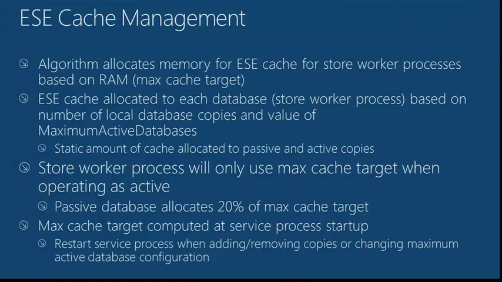We do the cache computation at service startup time, so if the topology of the mailbox server changes so that you've created a bunch more databases or removed a bunch of databases, you'll want to stop and restart the services so that they can do their recalculation. Again, I'm hoping that goes away before RTM, but it might not, so something you need to keep in mind as your system matures through time.